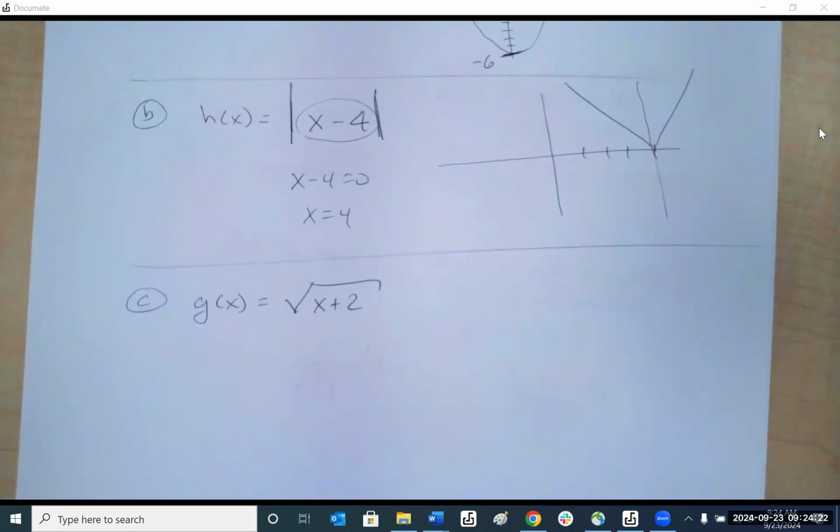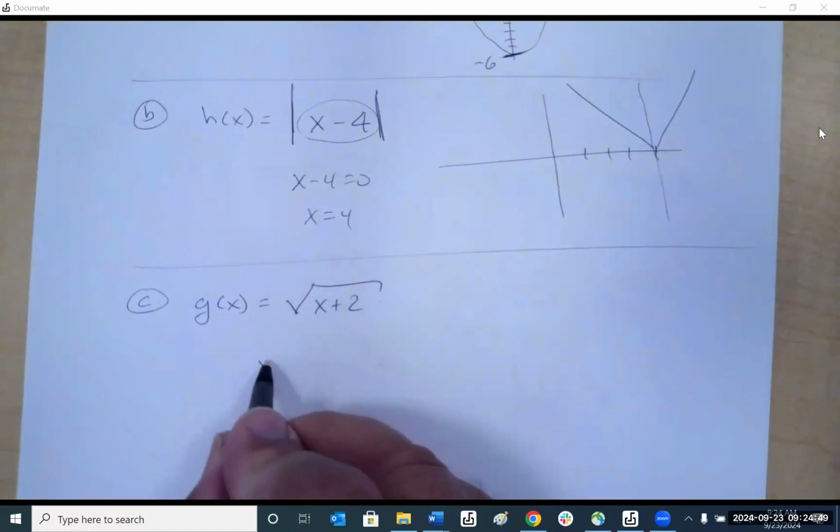How about this one? Is it a horizontal or vertical shift? Inside the function, so therefore it is a horizontal shift. How many spaces? Which direction? 2 to the left.